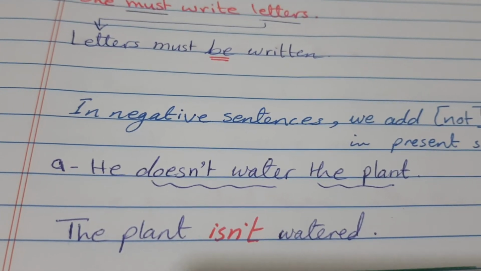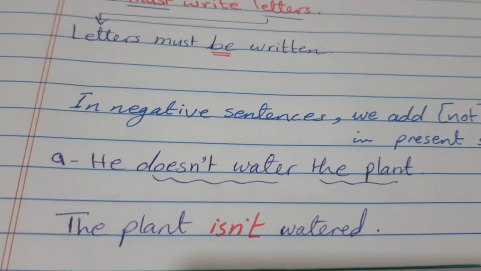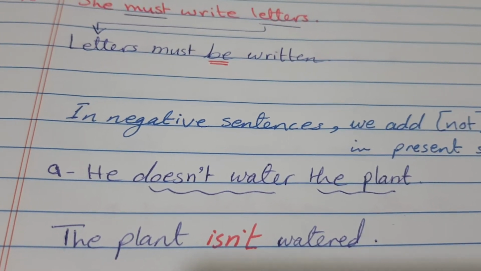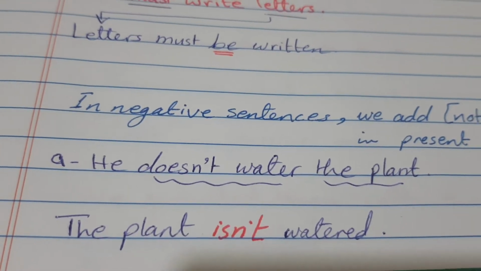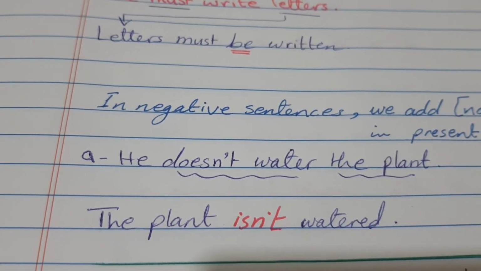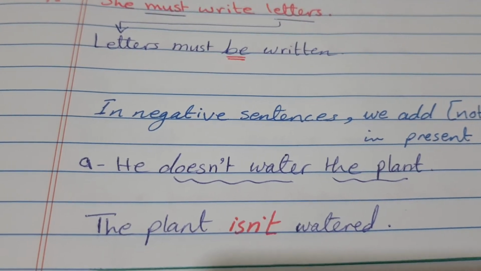Past simple. The dog, object, and plural. Let's start the new sentence with object, the dog. Drop out didn't and replace it with the verb to be. That is singular and past. So the dog was not found.